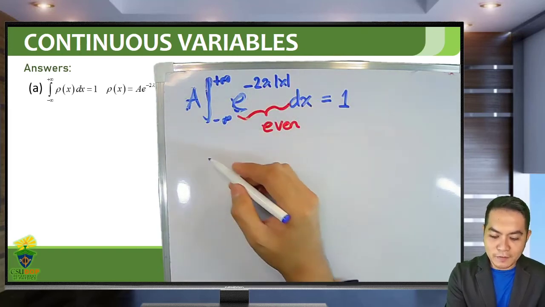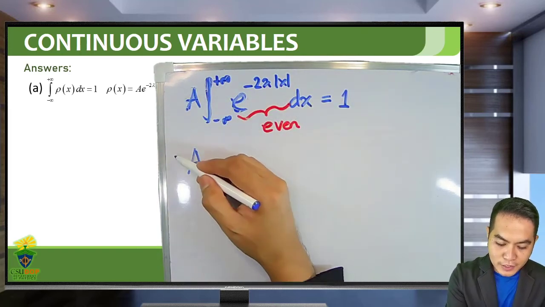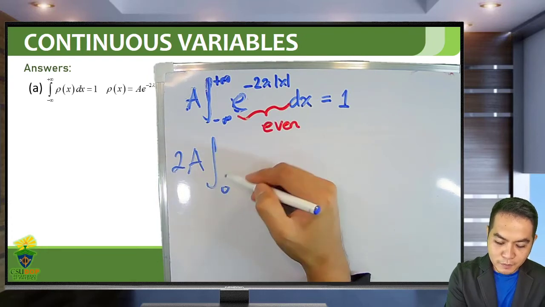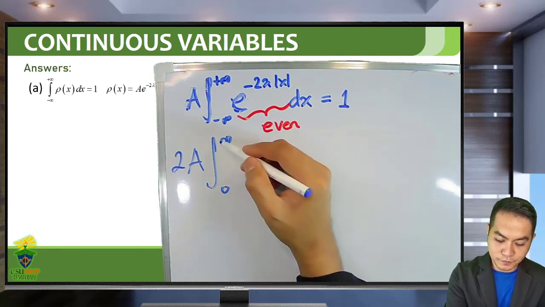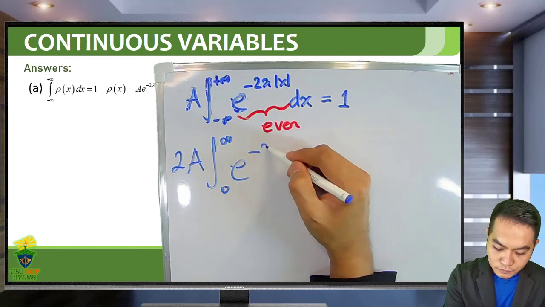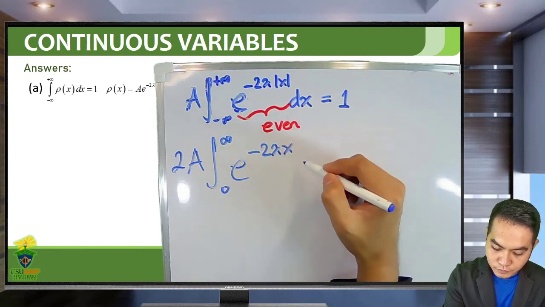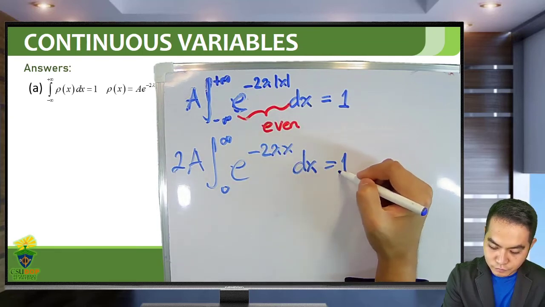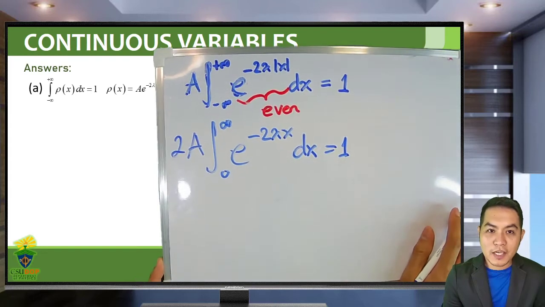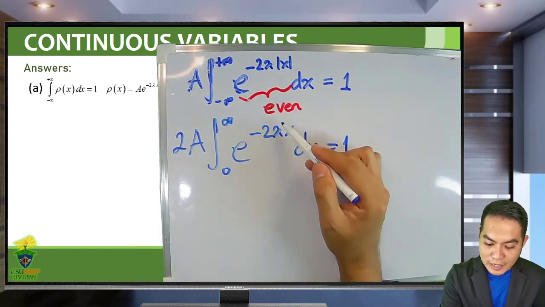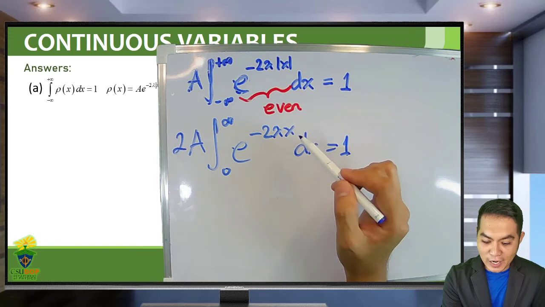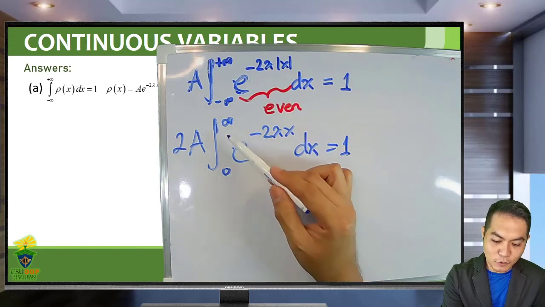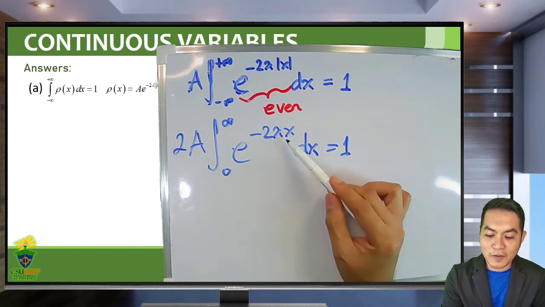even integrand, even limits, so therefore I can just multiply by 2 and integrate from 0 to positive infinity. You will notice here that I no longer put the absolute value sign, because I'm just integrating from 0 to positive infinity, where the values of x are positive.